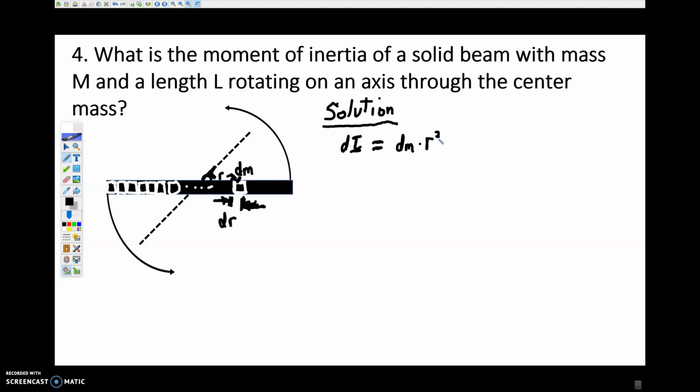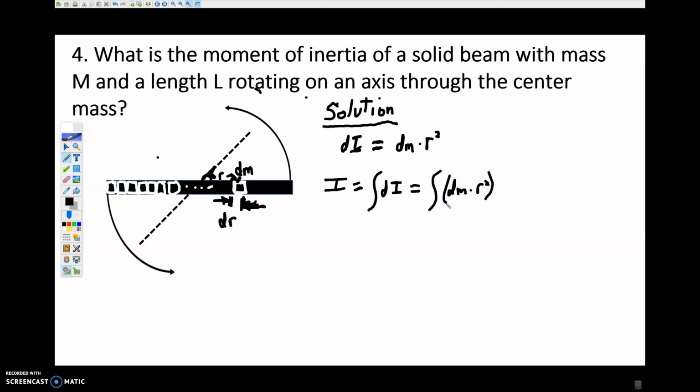Now, if we want to find the total moment of inertia, we're going to have to add up all those little contributions. I equals the integral of all of the dI's. And that would equal the integral of all of the dm times r squared.